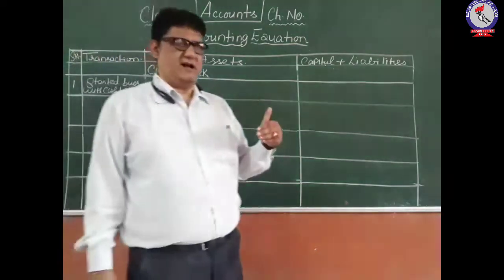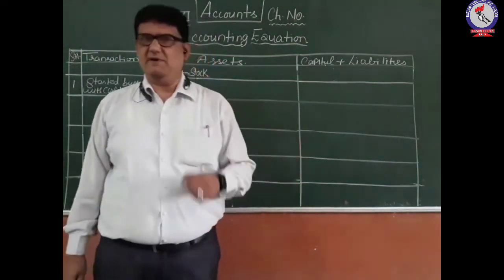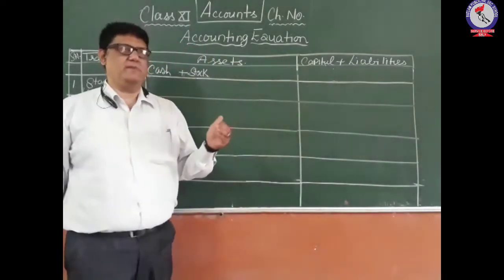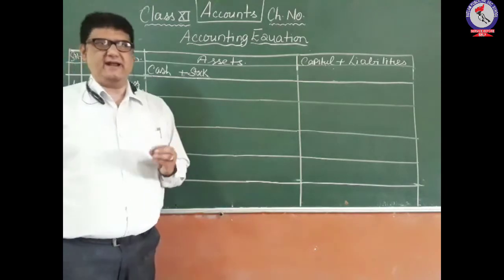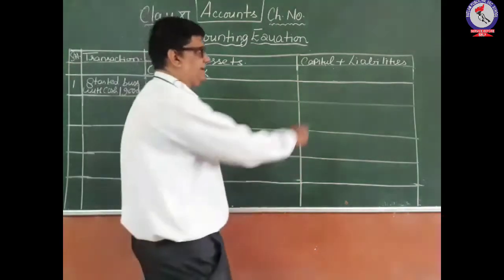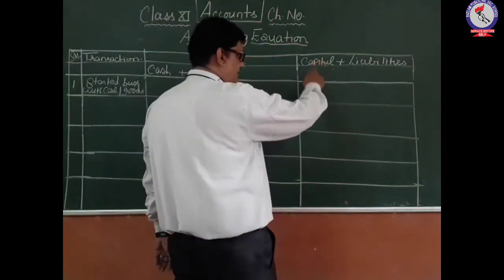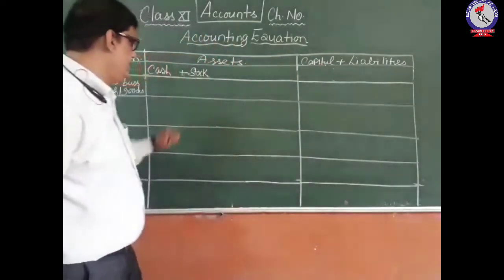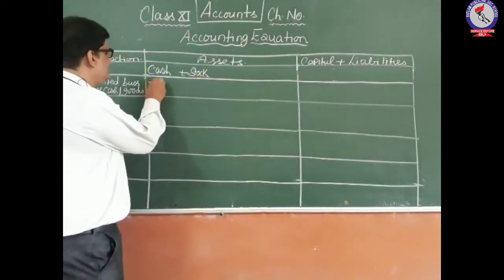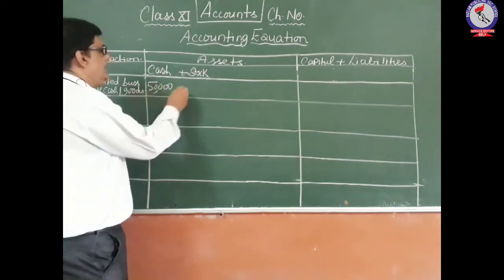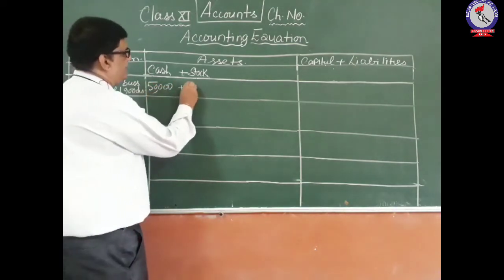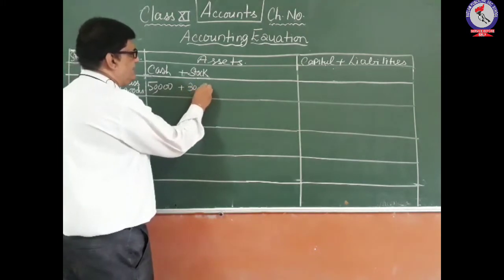And when we are starting the business, whatever investment the proprietor makes is known as capital. So the third item involved here is capital, which is already drafted for you. We have introduced 50,000 cash, and with this we have also introduced goods of rupees 30,000.